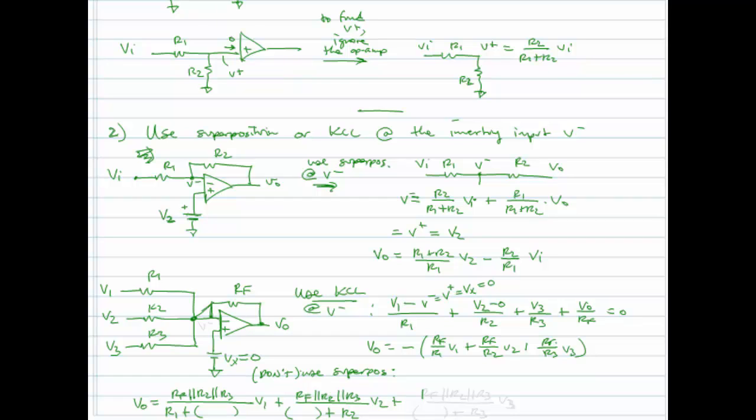It's just messy. RF in parallel with R2 in parallel with R3 over that same parallel combination plus R3 V3. You can get to the right answer this way, but look at how much work it involves, right? Much easier in this case to just sum the currents into that V minus node as opposed to doing superposition.